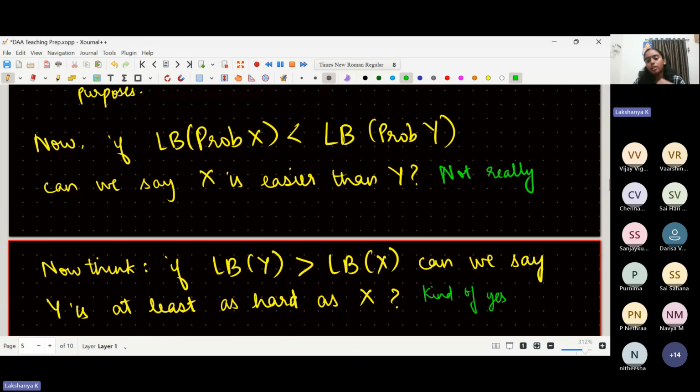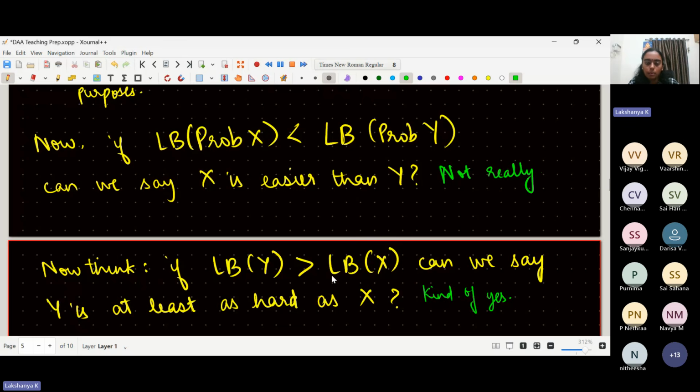When I say kind of, what I mean is we will be looking at a more formal definition of at least as hard when we come to reductions and stuff. But in one sense, yes. If problem x, at least theoretically, can be solved with just O of n time, but problem y, even theoretically, requires O of n squared, then at least on paper, y is going to definitely take more time than x. So in that sense, we can say y is at least as hard as x. This is just a rule of thumb way of judging complexities.